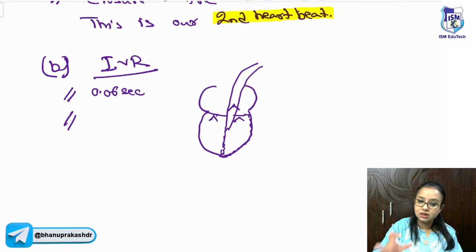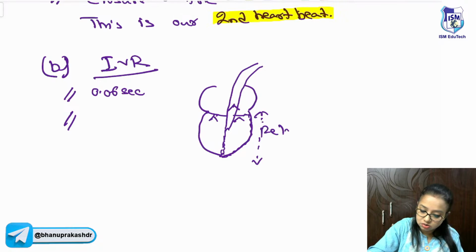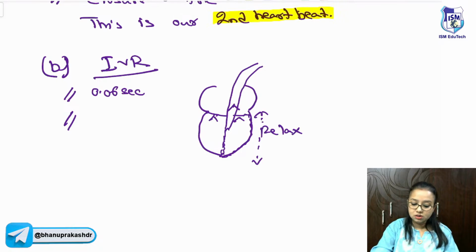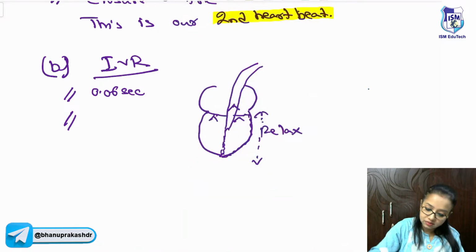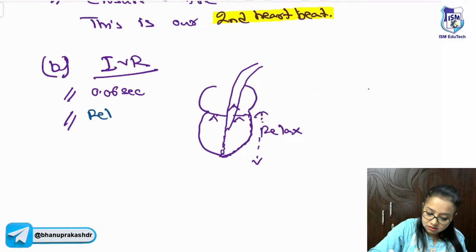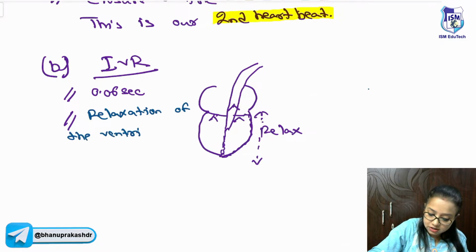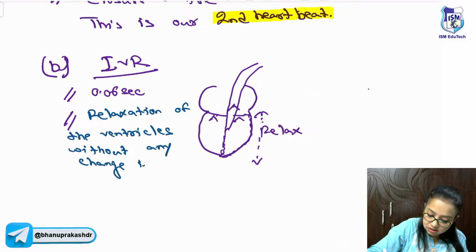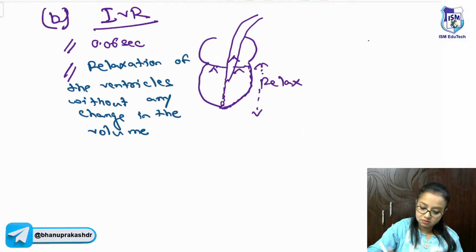So here the ventricle starts to relax. Initially there is relaxation of the ventricles without any change in the volume.